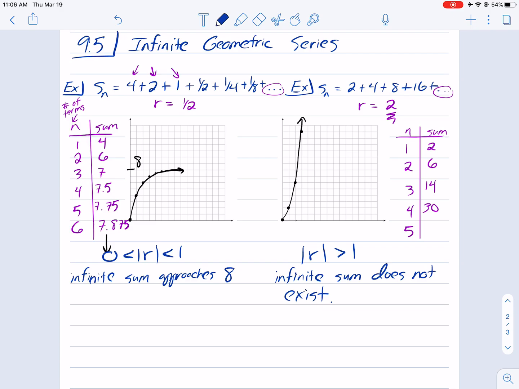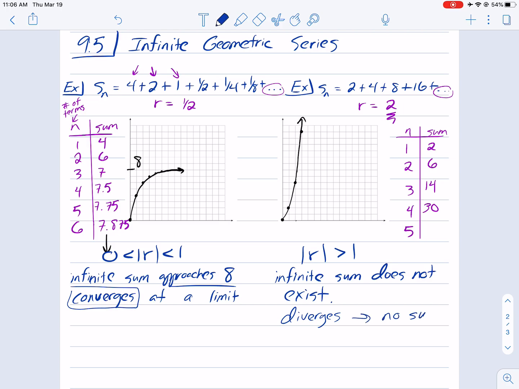When we have an infinite sum that is approaching a value, we say it converges at that number. And so we say it converges at this limit, a limit of 8. And then when the ratio is greater than 1, we say it diverges because the sum does not exist.